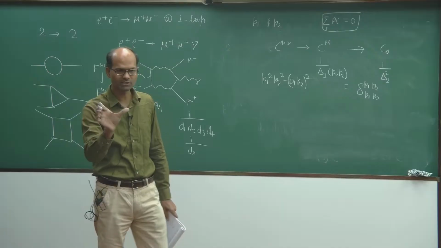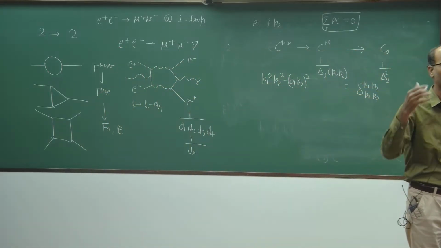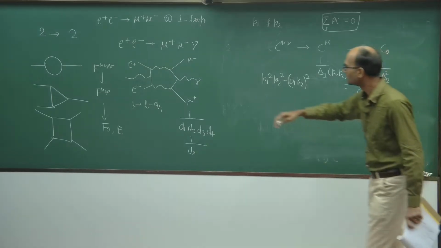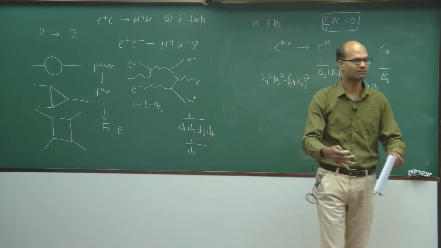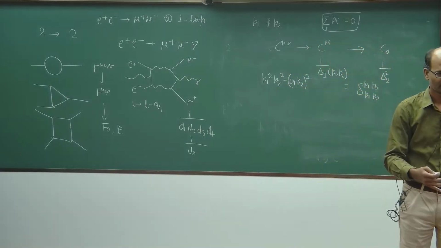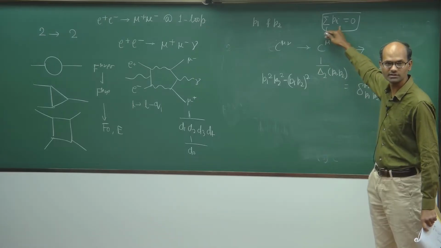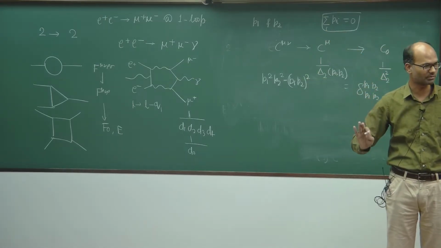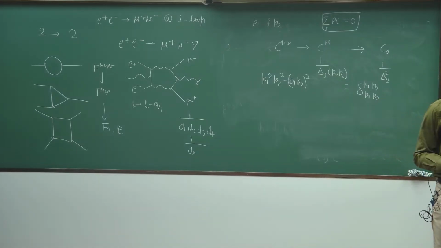That's the only constraint, the only condition. So when you simulate the environment of an experiment, you generate the phase space for the final state particles given the input energy. In doing that, you only worry that whenever I do P1 plus P2 and generate P3, P4, I ensure that P1 plus P2 is equal to P3 plus P4. That's the only constraint you impose.